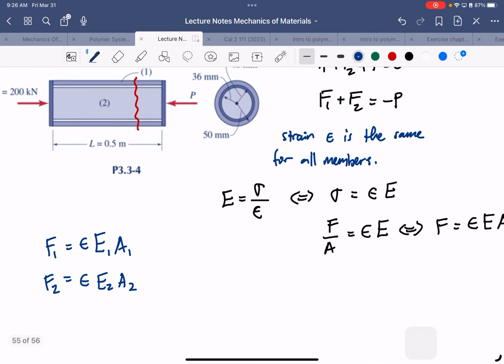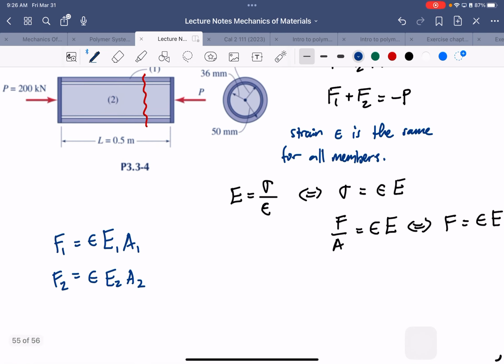So by doing this, and we know that F1 plus F2 equals negative P, we could add these two and then solve for the strain. Take this, add both of them.